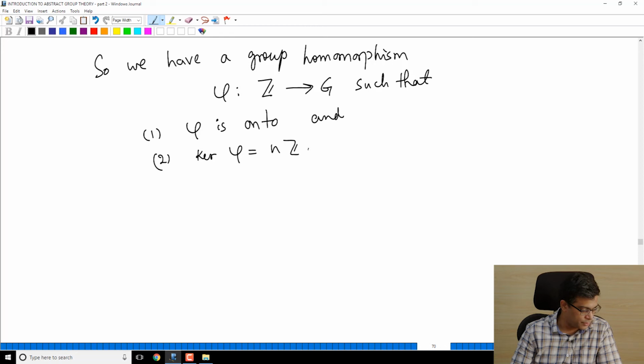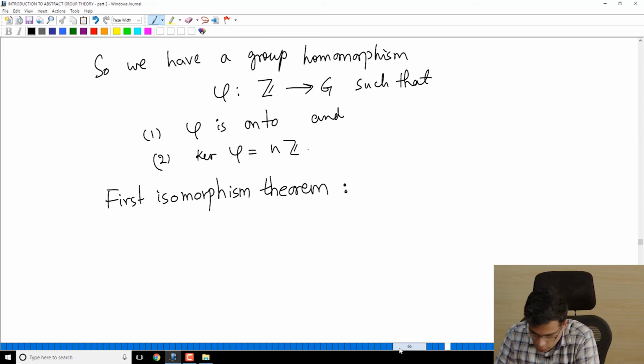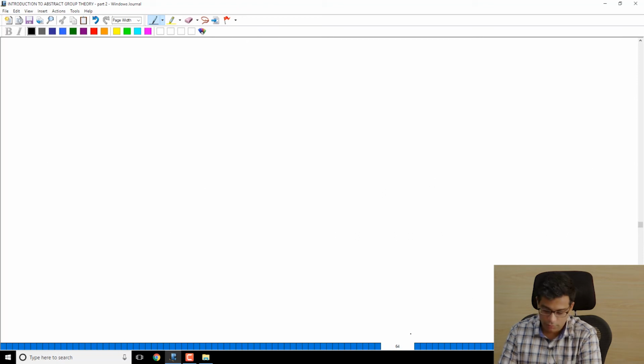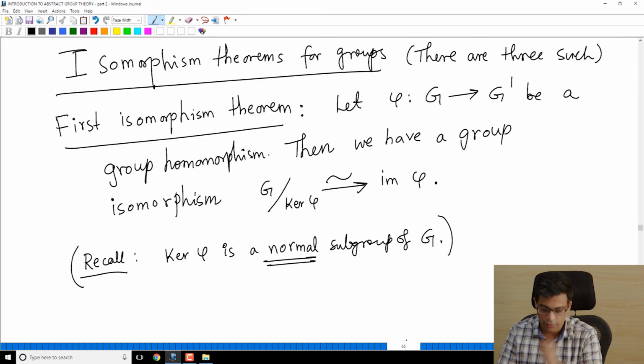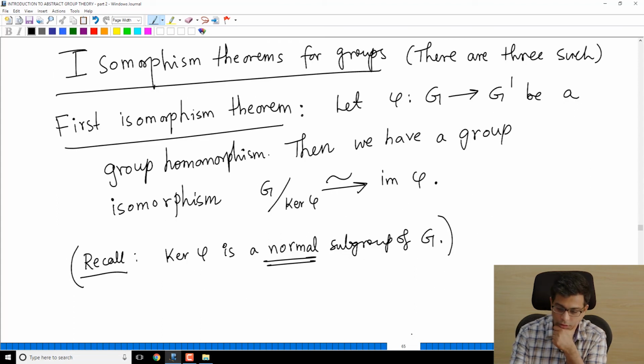What does the first isomorphism theorem say? It says that if phi is a group homomorphism from G to G prime, then we have an isomorphism from G mod kernel to image phi.